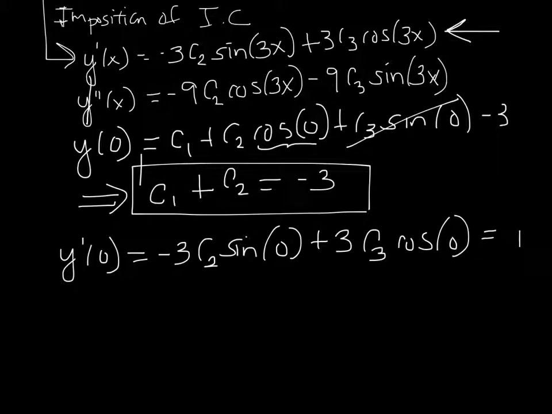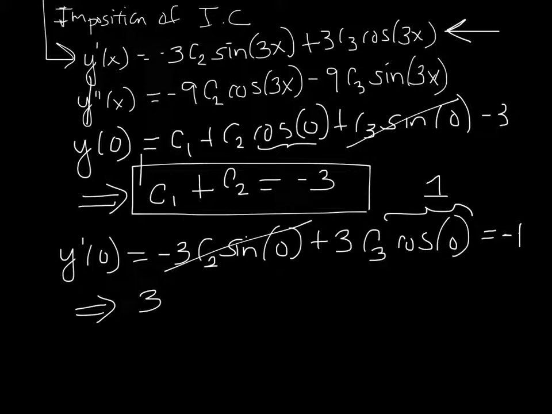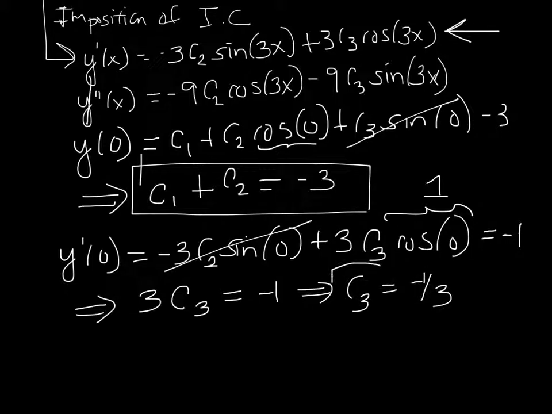So what does this imply? Sine of 0 is 0, so this whole term is 0. Then cosine of 0 is 1, so that's just 3 C3 equals negative 1. And that implies C3 is negative 1/3.